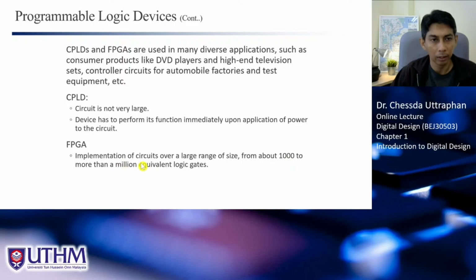Nowadays you can check on the internet that FPGA now has more than billion logic in the chip, right? So we can actually build or design a very complicated, very complex, very big circuit on FPGA.